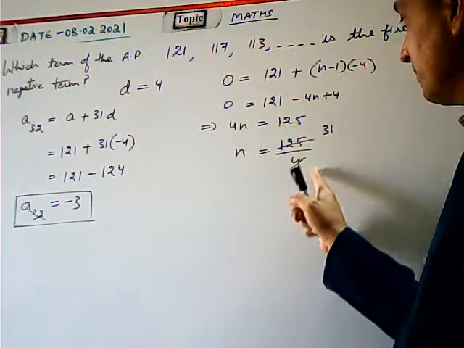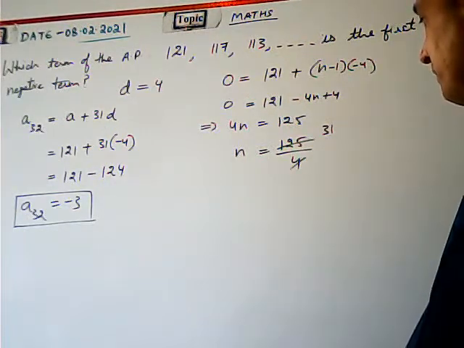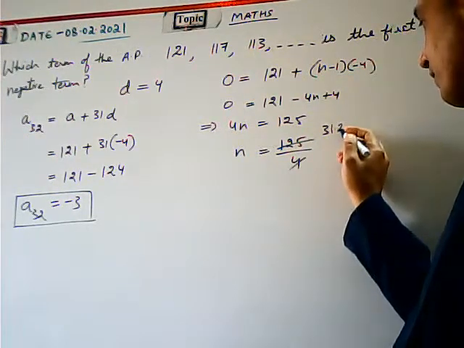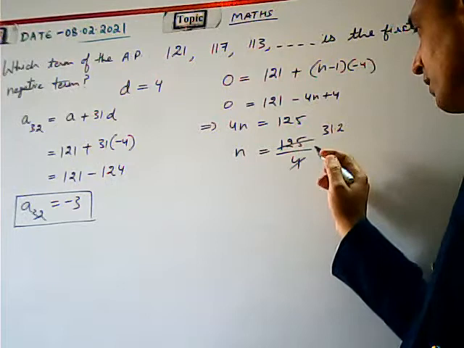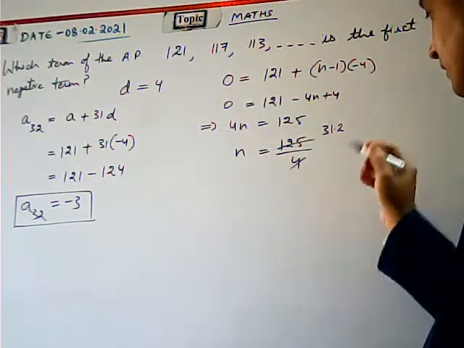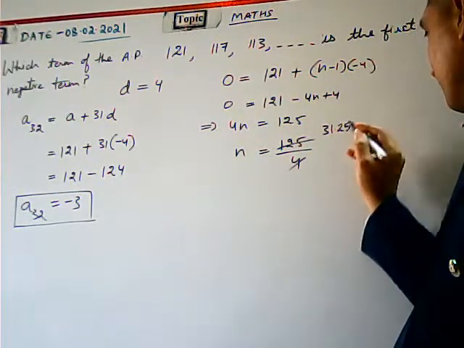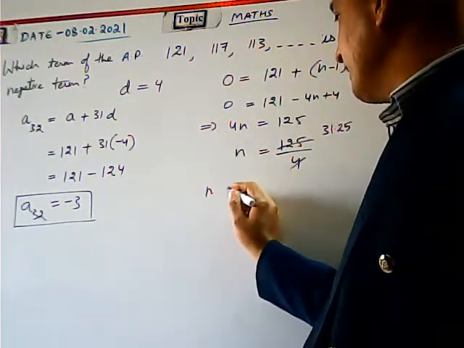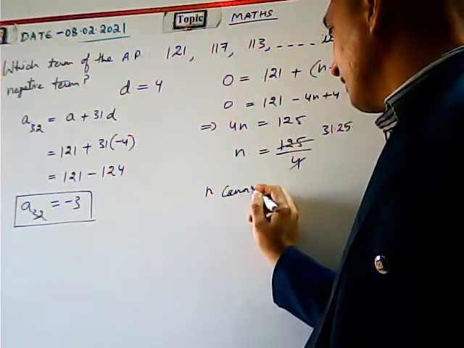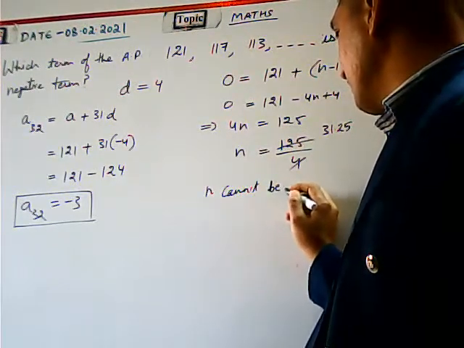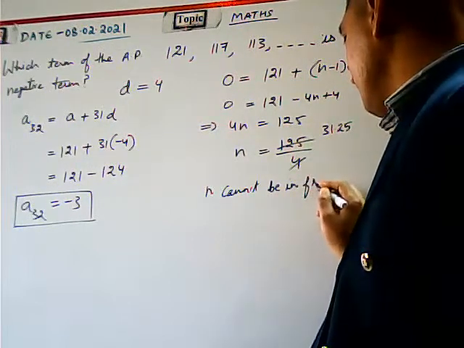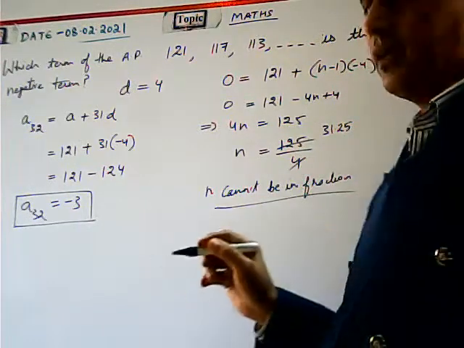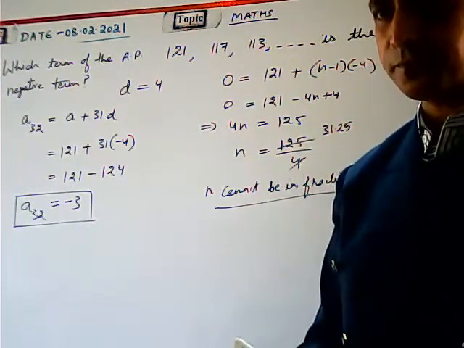If 0 is not a term, the value comes to 31 point something, so n cannot be in fraction.